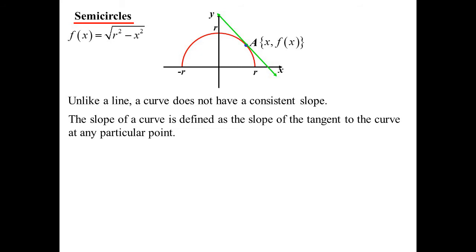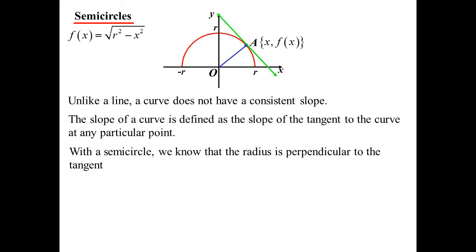Now the reason we can use geometry to actually find this slope is because we know that the radius is always perpendicular to the tangent. And the slope of the radius is very easy to find. It would be the y value over the x value, rise over run. Well, the y value is going to be f(x), and the x value is x, so that would be the slope of OA.